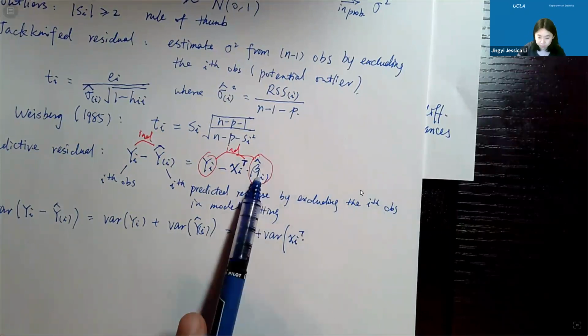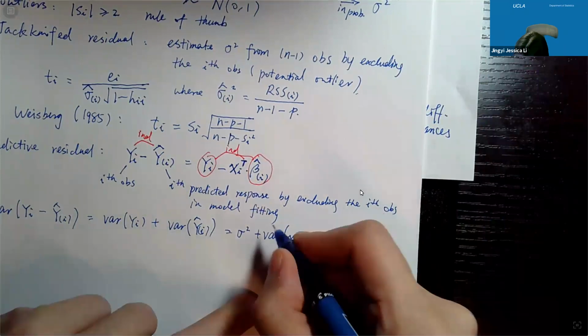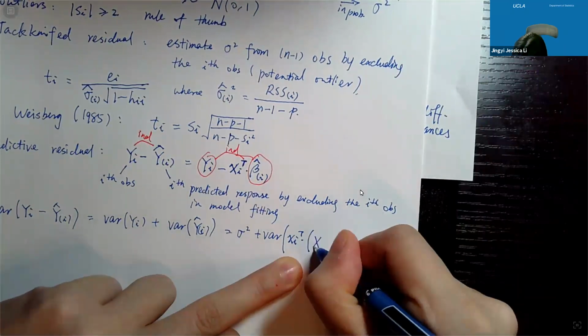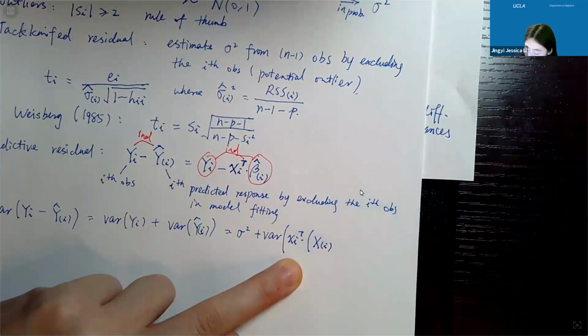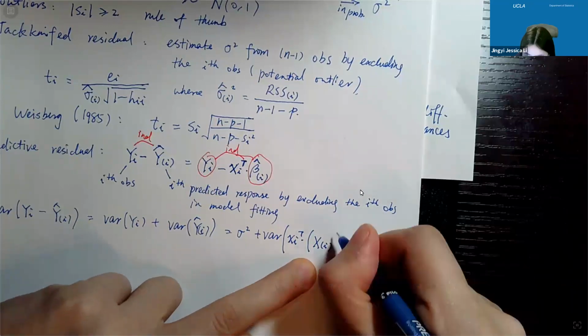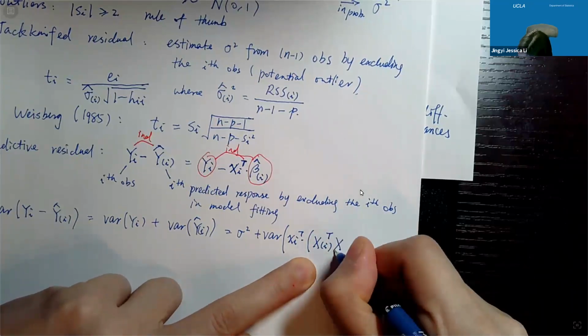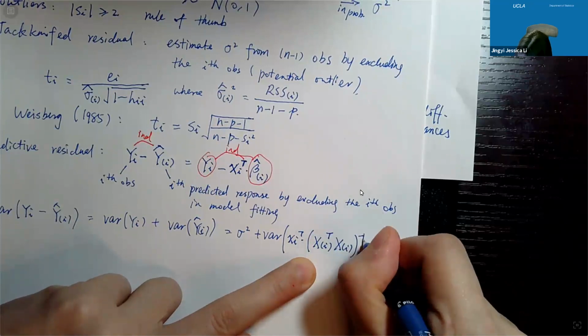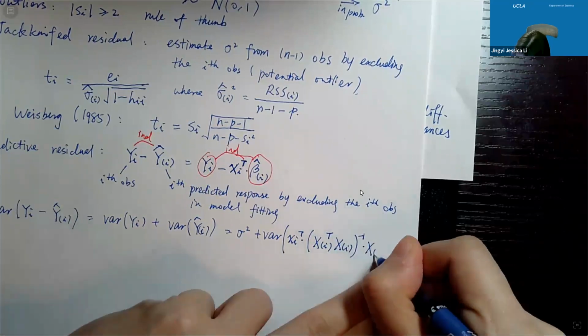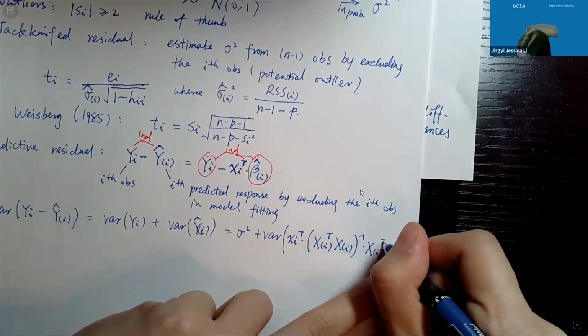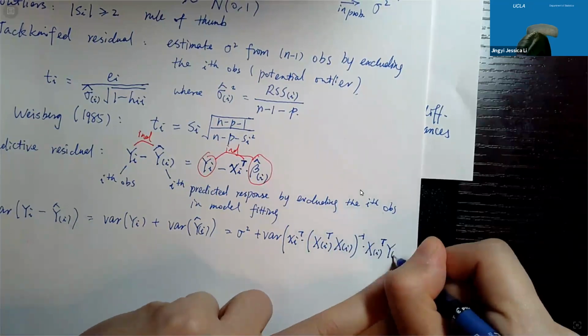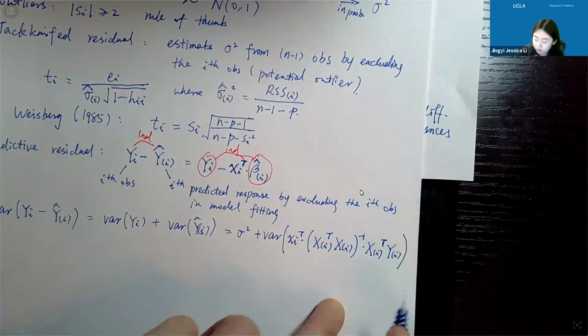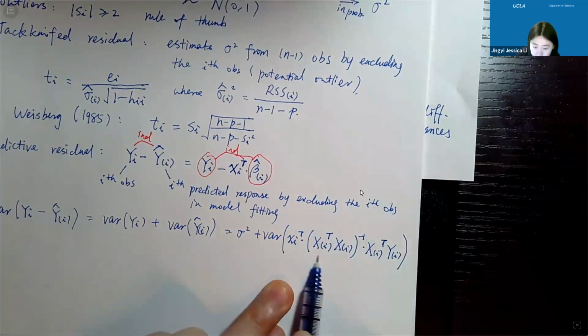So we can write that as X_(i) transpose X_(i) inverse times X_(i) transpose y_(i), where the subscript (i) means the ith row is removed. So I remove the ith observation from this formula.